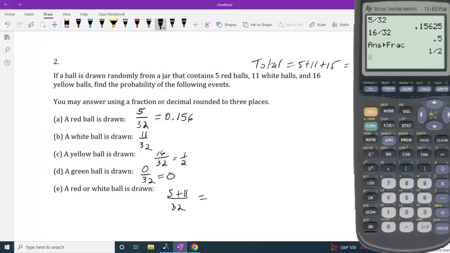There are 5 red balls and 11 white balls. 5 plus 11 is 16, and 16 over 32 is 1/2. So any questions about number 2? That should look somewhat familiar.